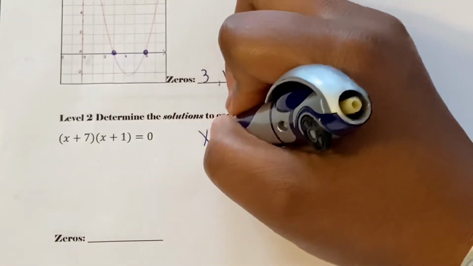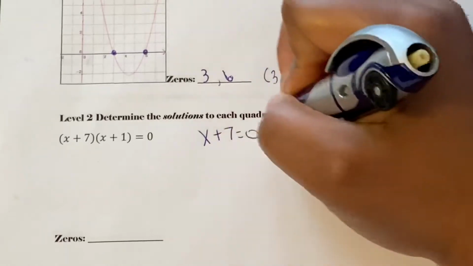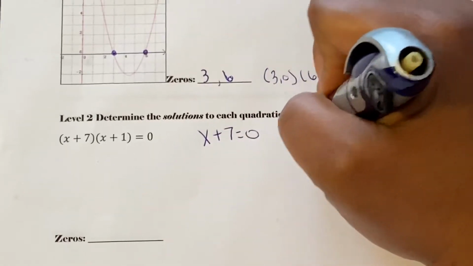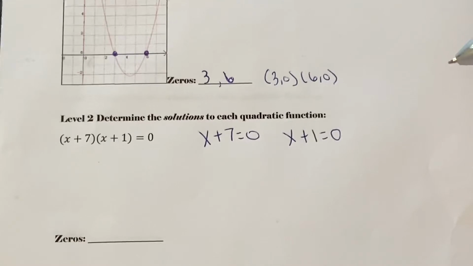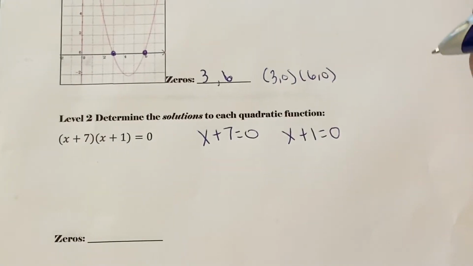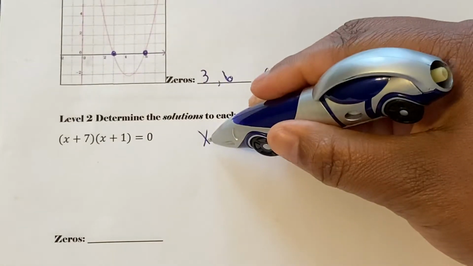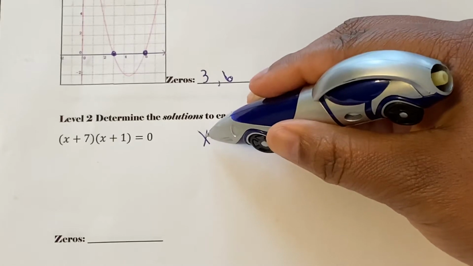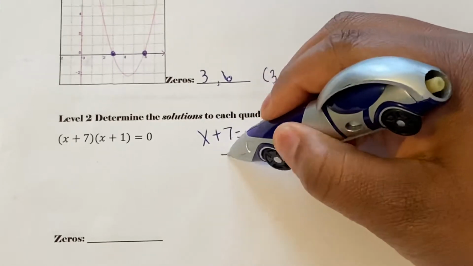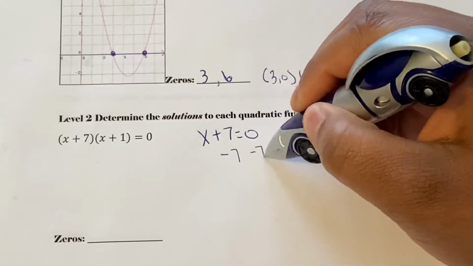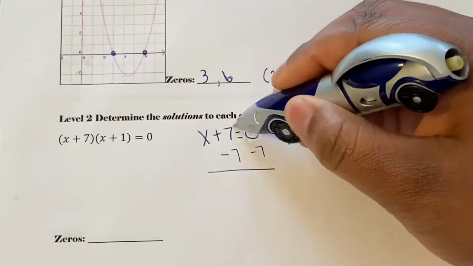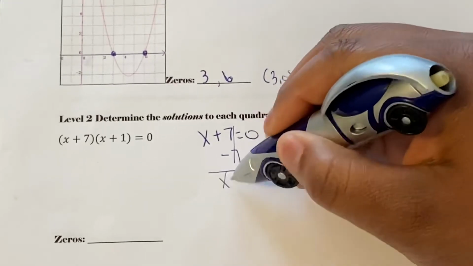So x plus 7 equals 0 and x plus 1 equals 0. In order to solve for the x-intercept, you have to subtract 7 here on both sides. That's going to give us x equals negative 7.